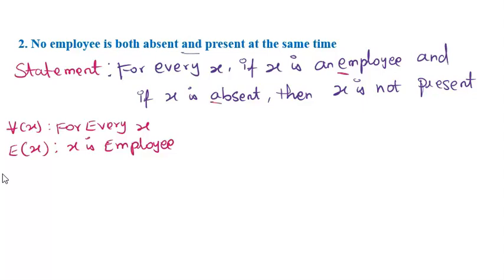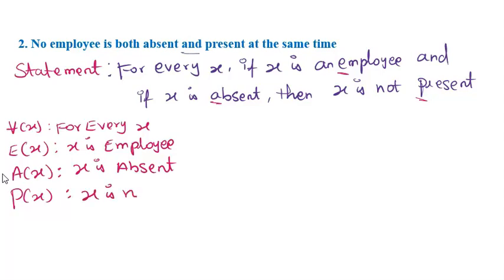Next I will consider absent, A of x, x is absent. Next I will consider present, P of x, x is not present.